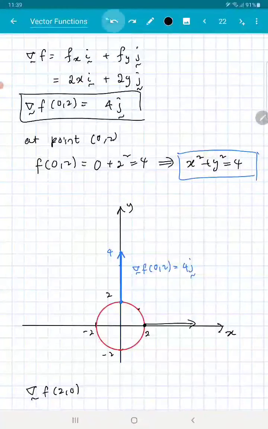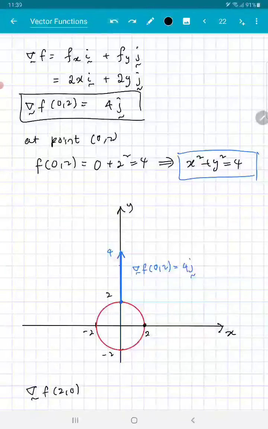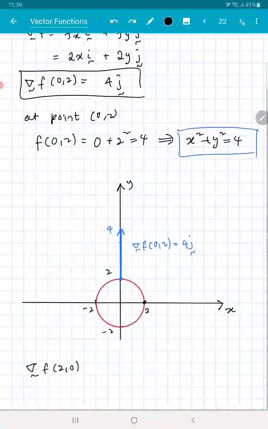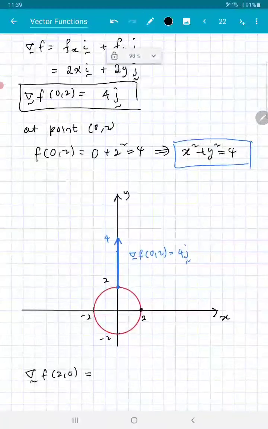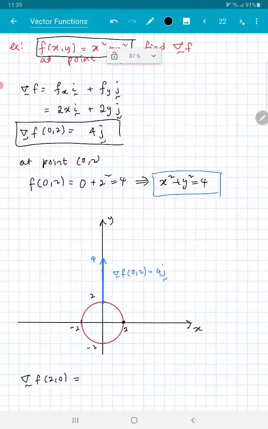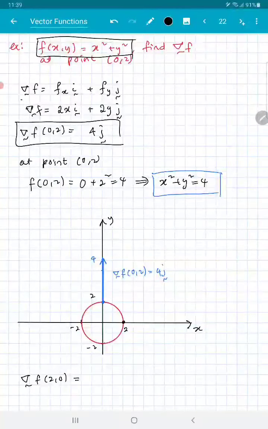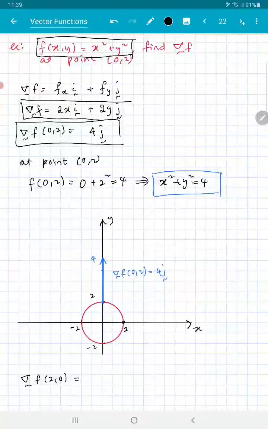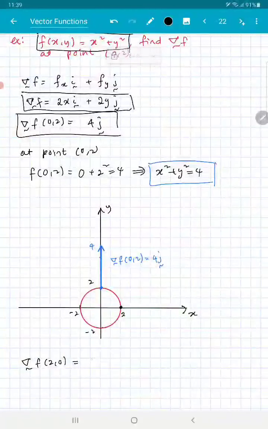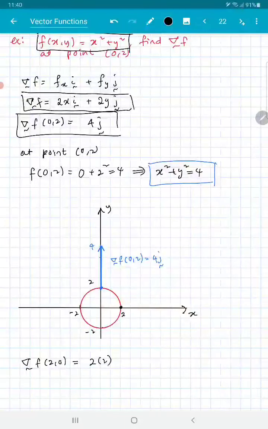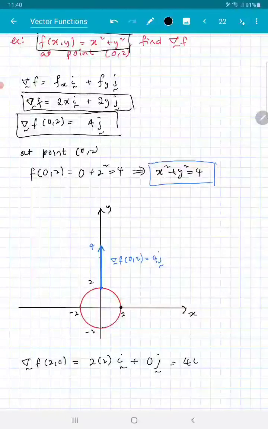Now let's look at point 2, 0. So the gradient of f at any point (x,y)... the gradient of f at point 2, 0 will give you 2 times 2i plus 0j, or just 4i.